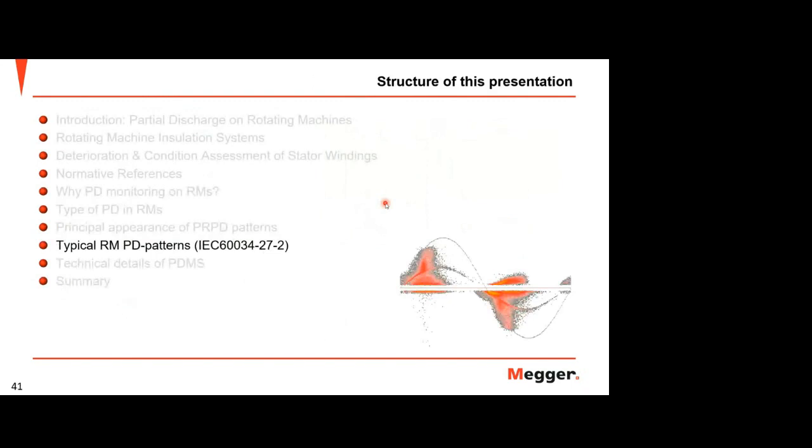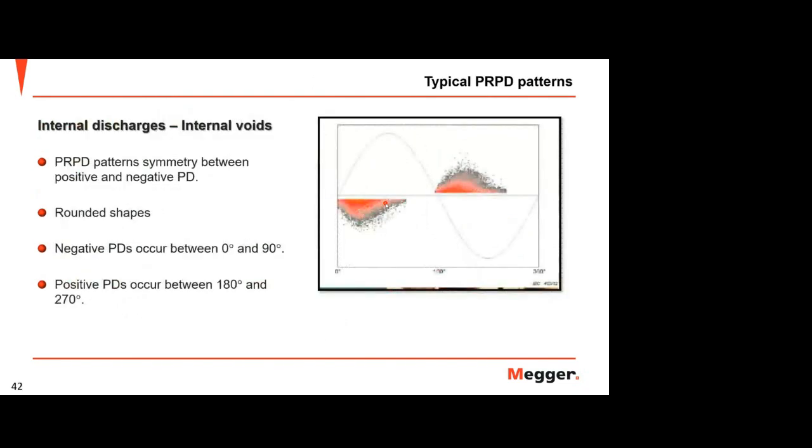Yeah, this is the typical rotating machine PD pattern based on IEC 60034-27-2. You can read this standard to get this information more clearly and in more detail. This is an example of internal discharge or internal void.